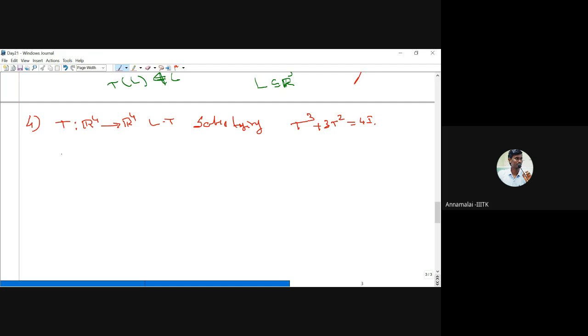Then I define a new linear transformation S, which is T power 4 plus 3 times T cube minus 4 times I. What can you say about S?